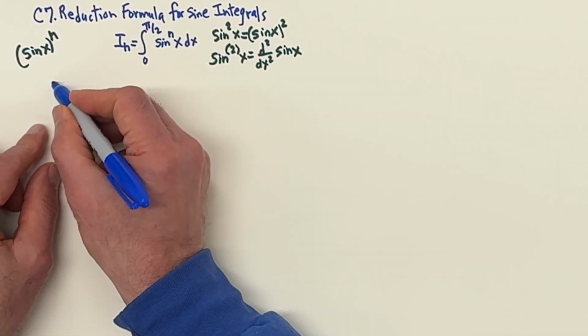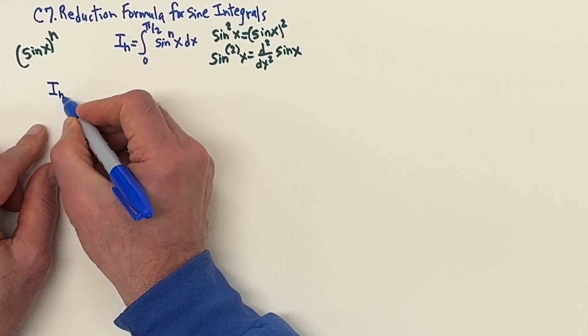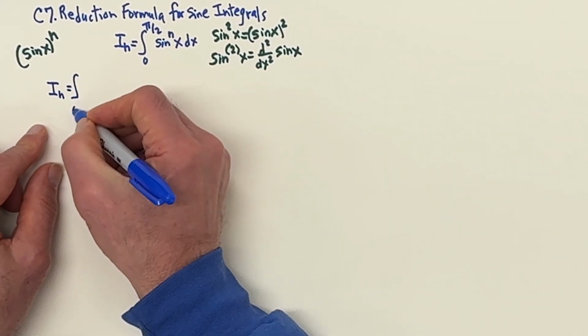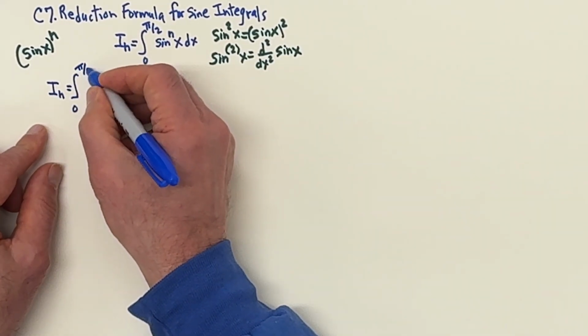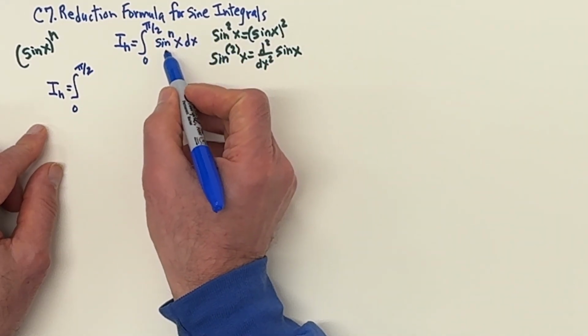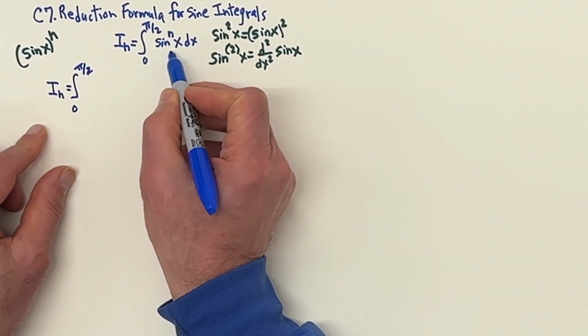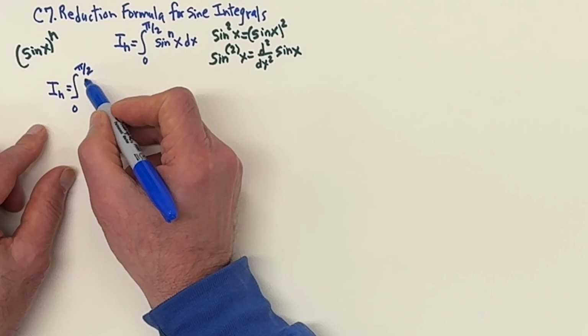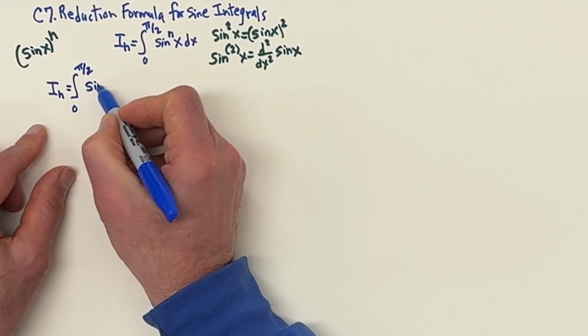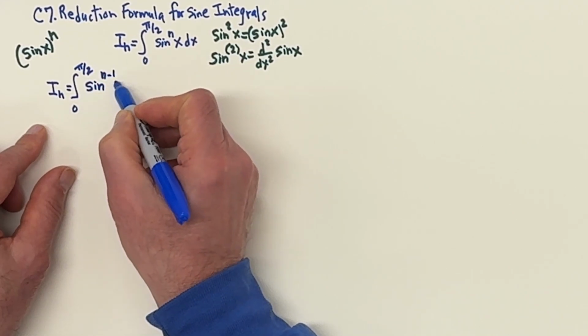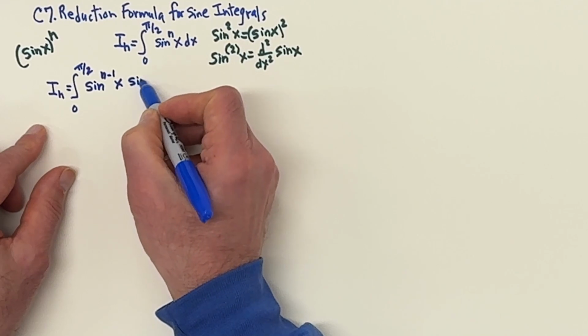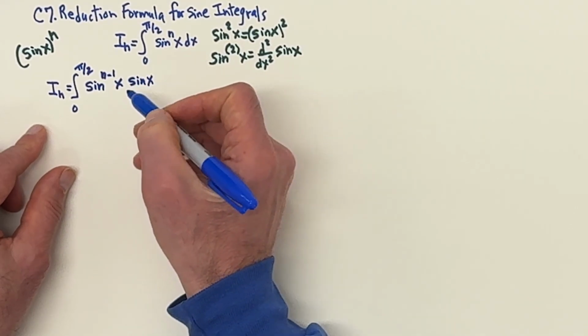So we're interested in doing this integral, and there's a trick. In going from 0 to pi over 2, we're going to write this, which consists of sine of x with n factors, as n minus 1 factors, and then sine of x, the other single factor.